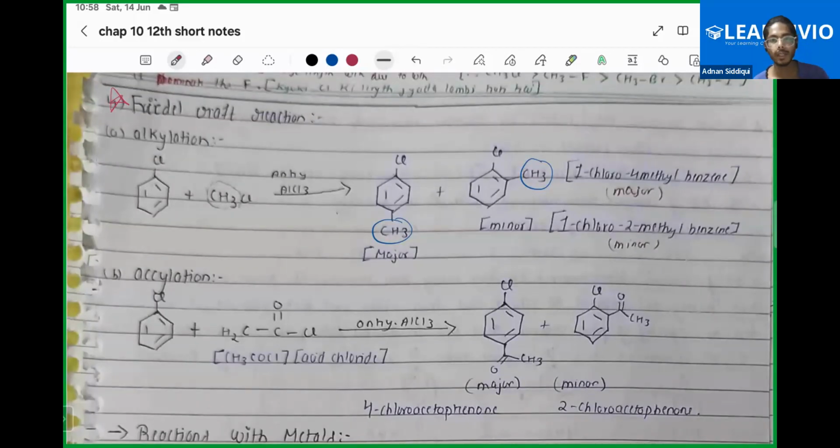Alkyl group is a simple saturated hydrocarbon group, like CH3, C2H5, derived from methane, ethane. So the addition of an alkyl group to our haloarenes is called alkylation. Why are we adding only to the haloarenes? Because the name of the chapter is haloalkanes and haloarenes.